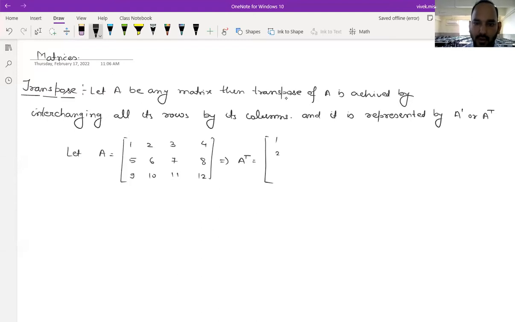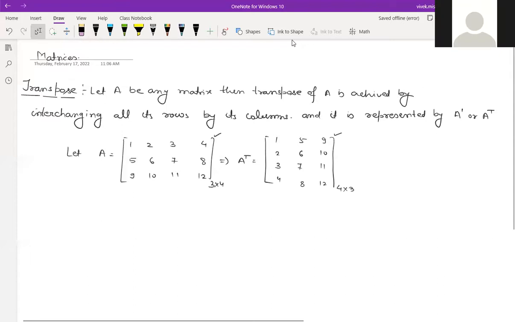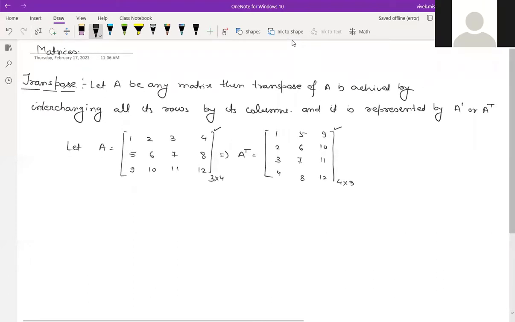Now, if you notice, this was having the order 3 cross 4, and this is having order 4 cross 3. So how many rows were there, that many columns has become in this. Students, are you with me? Yes, sir.